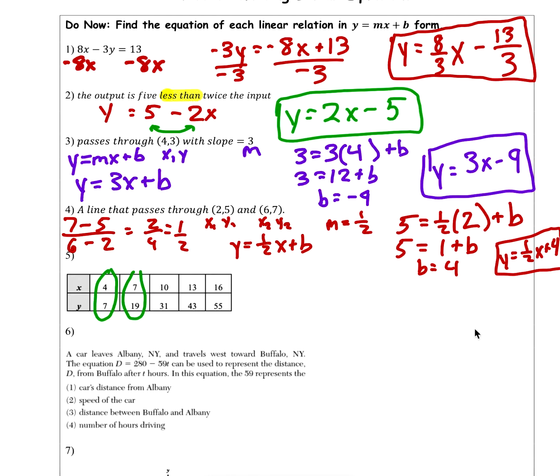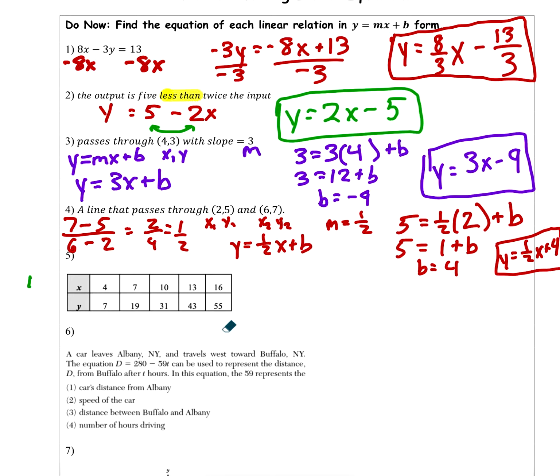You could say this is x1, y1, and this is x2, y2, and do the same exact thing as we did above. I think a little bit easier when you have a table is to think of slope as change in y over change in x, which is y2 minus y1 over x2 minus x1.